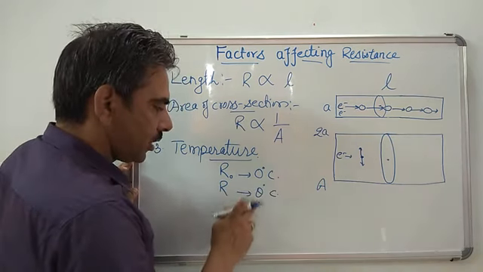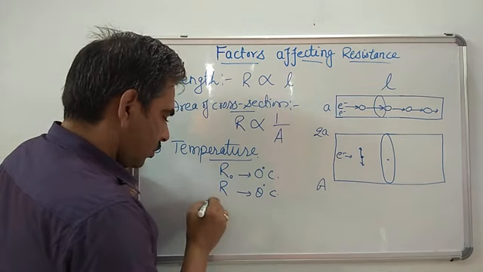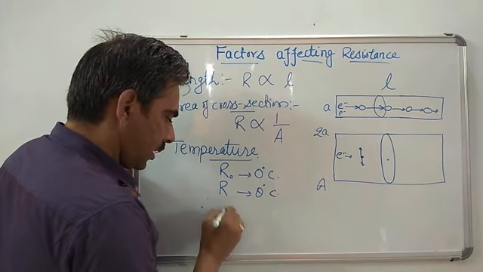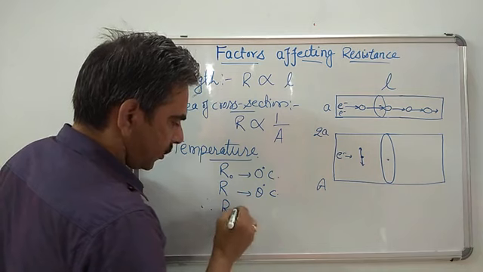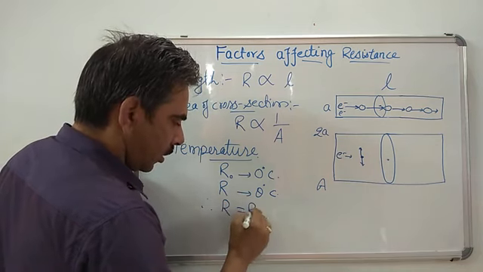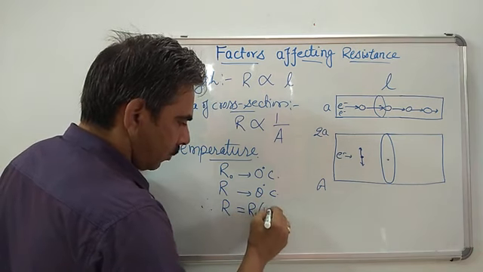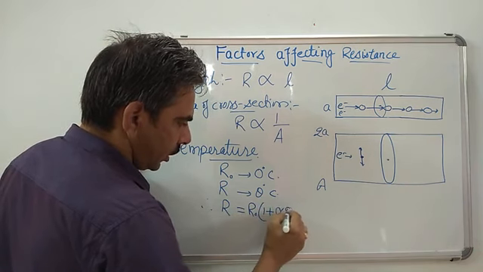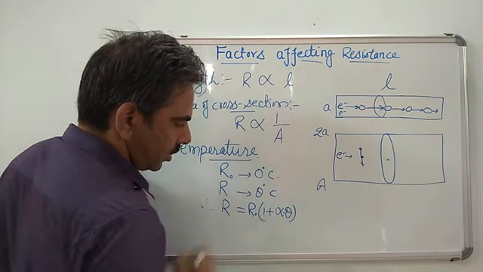This is a temperature which is higher than 0 degree Celsius. So the new resistance R at this temperature is given by R naught into 1 plus alpha into theta. So this is the formula.